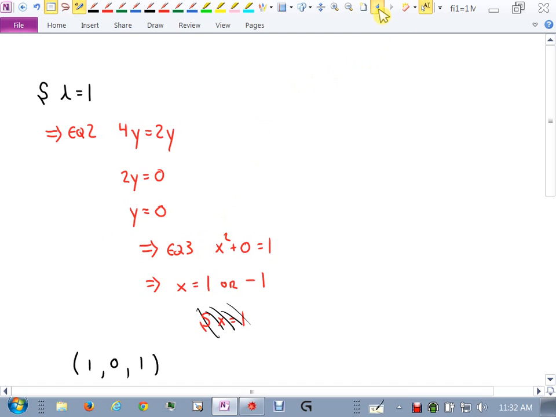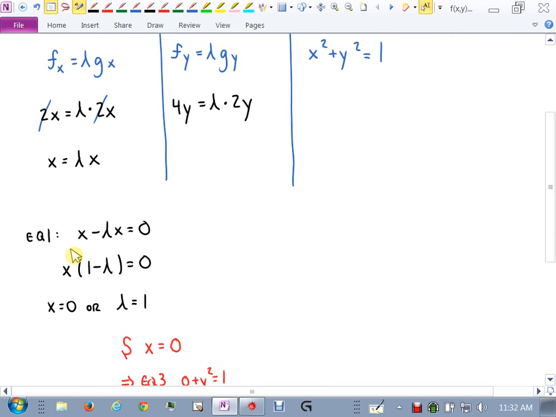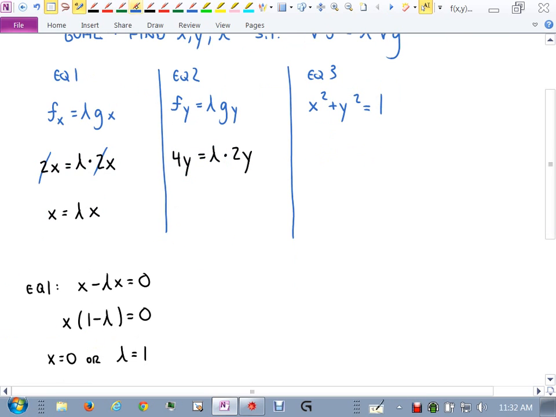Okay, back to this. All of this was based on equation 1 being satisfied, right? From equation 1, we were able to work out all these different possibilities and nail them all down. Now, what about equation 2? Well, you could do the same thing we did over here, right? Let me do that real quick. If I move everything to one side, I get 4y minus lambda 2y equals 0.